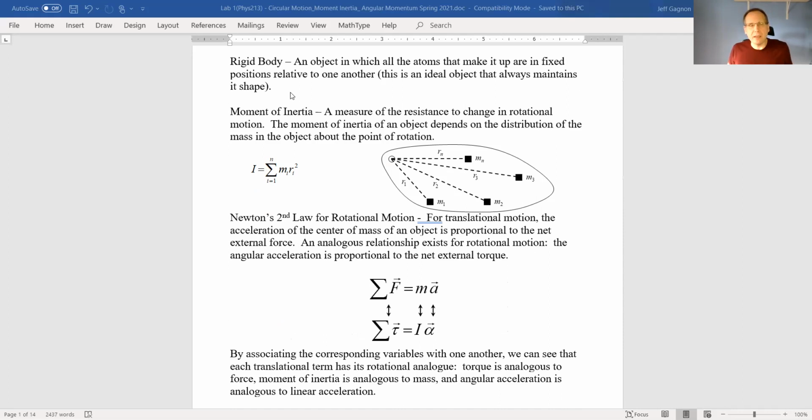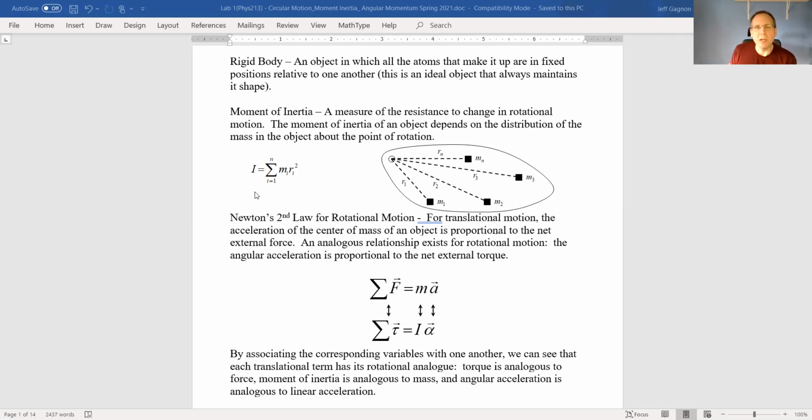A rigid body, you can think of as any object, right, in which the atoms or the pieces of the object that make up the object are in fixed positions relative to one another. In other words, they don't move at all, right? So think like any solid object would be considered a rigid body. Okay, so that's the first definition.